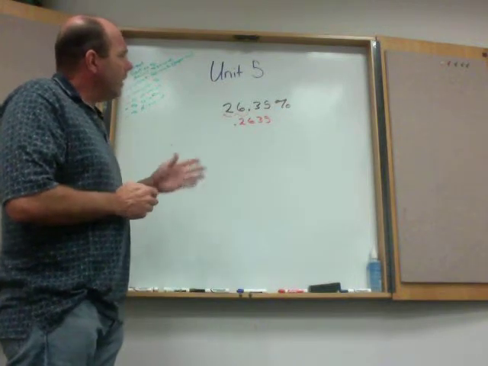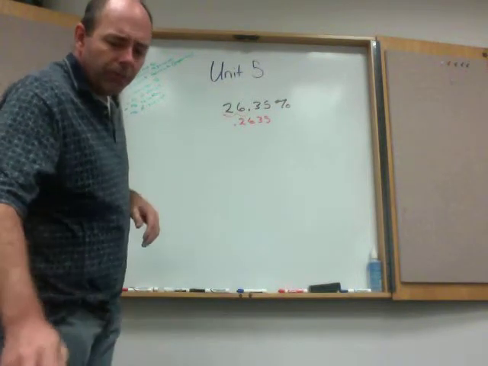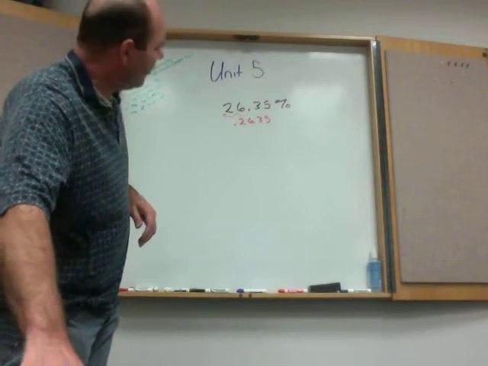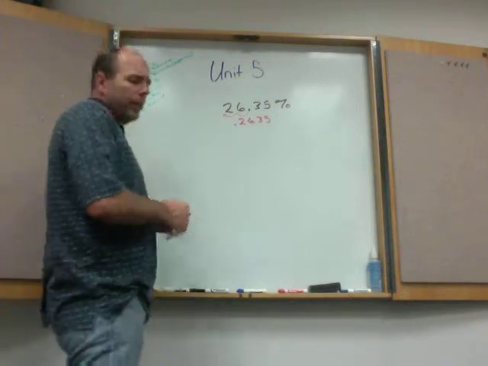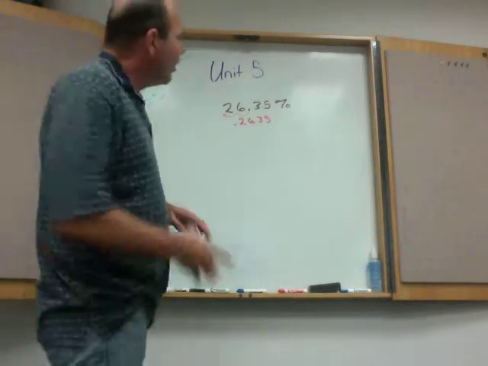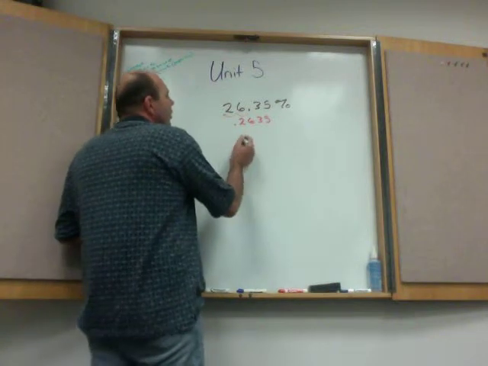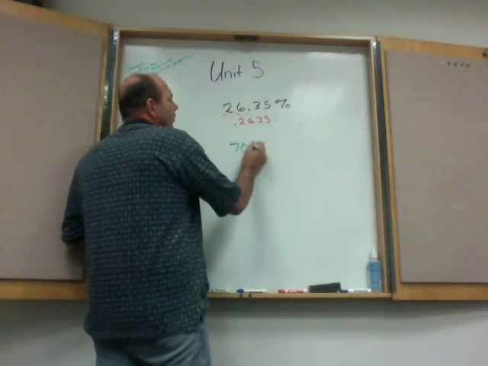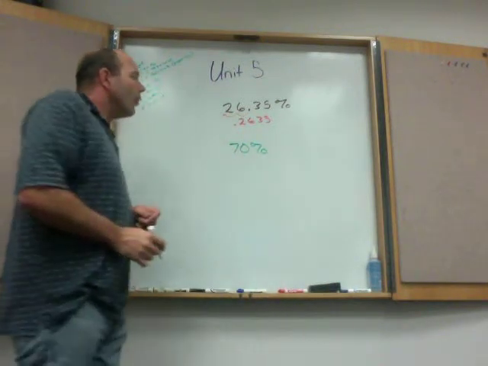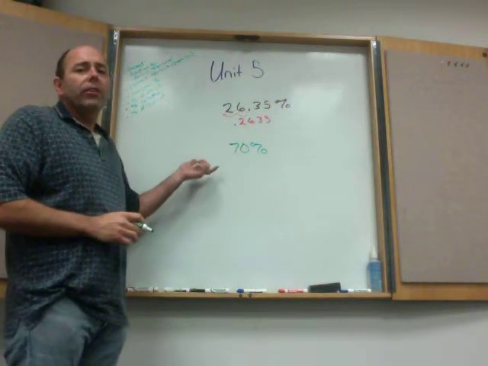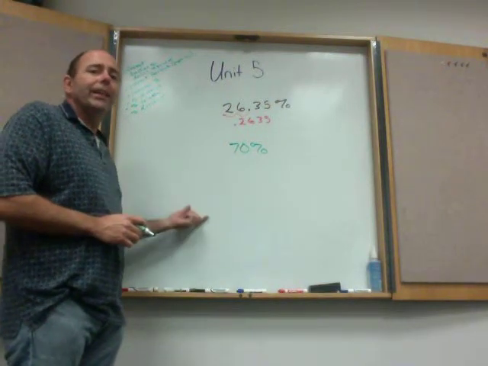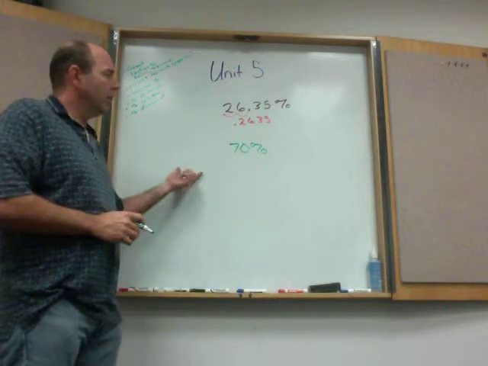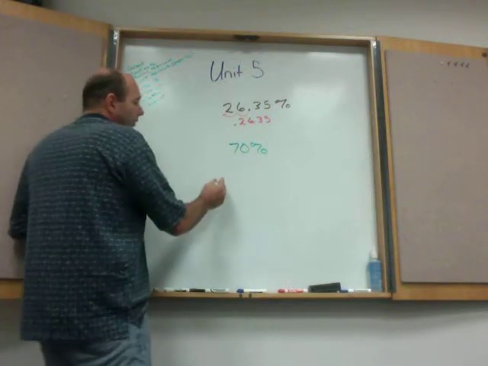Now, to convert a percent to a fraction, it's a little bit different. Let's take a look. What if I had, let's just say 70%. Well, anytime that I can write a fraction with a denominator of 100, the numerator is automatically the percent.